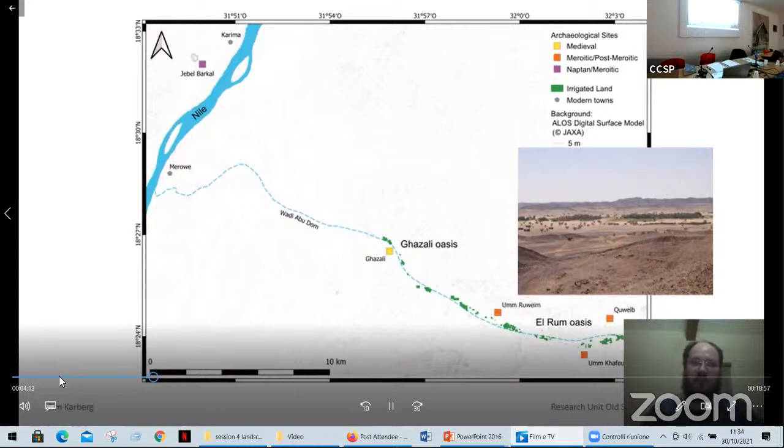In a few cases, test samples reveal organic material capable of radiocarbon dating. Most of the dated material indicates the peak of human activity in the lower part of the valley, which means the local chronology is the late Neolithic and post-Neolithic period, as well as the Middle Ages, the Christian period, and the early Islamic period.